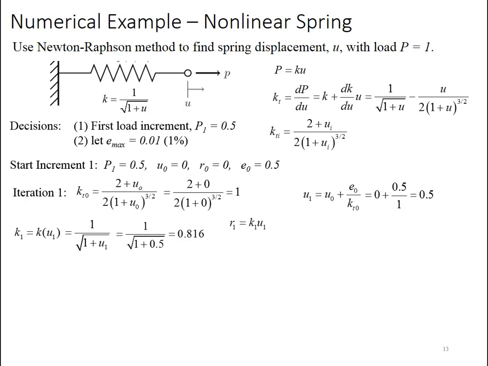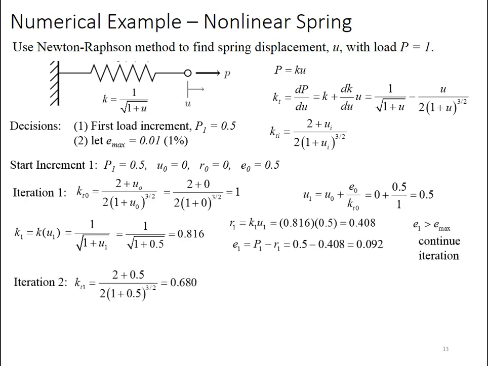And then let's find our reaction force of the structure. R1 is equal to K1 times U1, which comes out to 0.408. Our error is then the difference between my anticipated load of 0.5 and my actual load of 0.408, so it's 0.092. So not good enough. We have to continue our iteration.